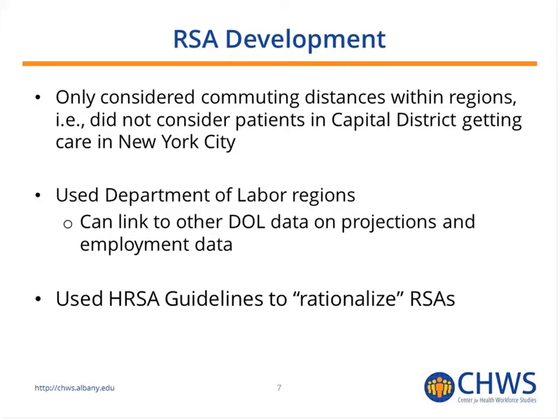That way, we're not having people in Albany getting care in New York City, or people in New York City getting care in Buffalo, for that less than 0.5% of care. We also use Department of Labor regions a lot in our analysis because we're able to link other data such as Department of Labor projections, OES data, and other labor data by region.